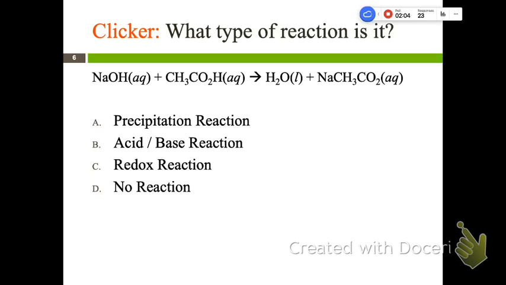Oh, it's acid base, because it looks like it's neutralizing something, right? Because there's also the OH with this one. It looks like it's neutralizing.